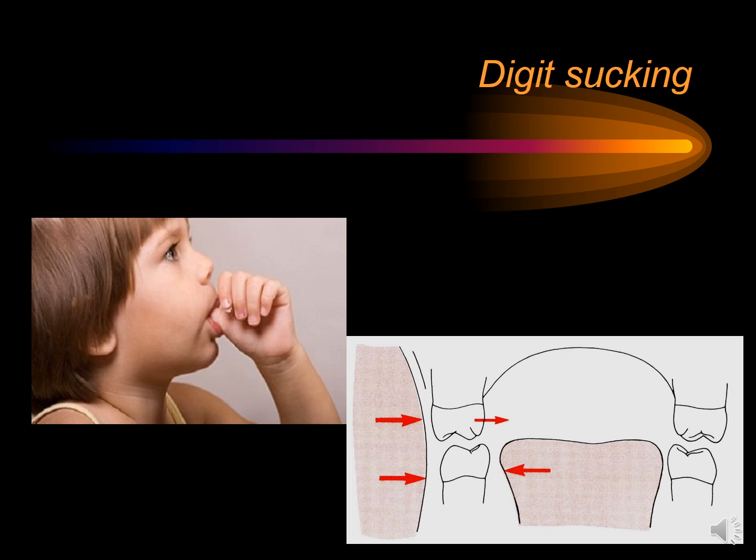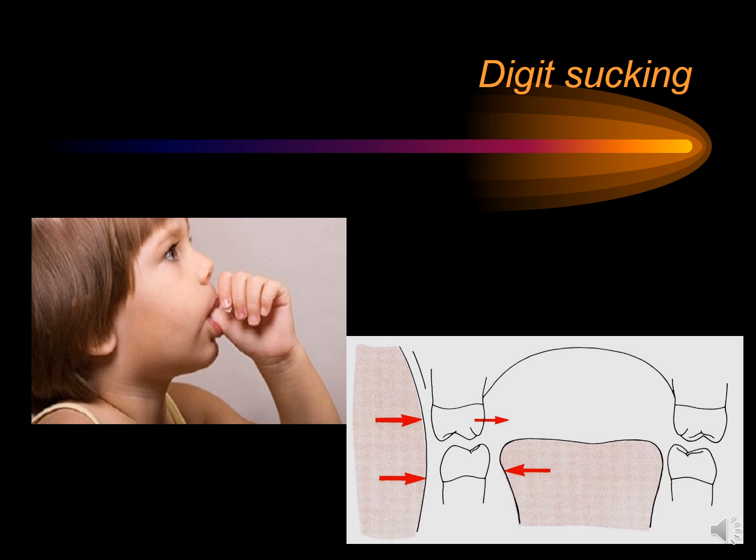Now, why does digit sucking cause posterior crossbites? This space here, which is normally occupied by the tongue, is occupied by the digit, and the tongue occupies a lower position during digit sucking. During digit sucking, the buccinator muscle, the perioral musculature, exerts pressure on the dentition.